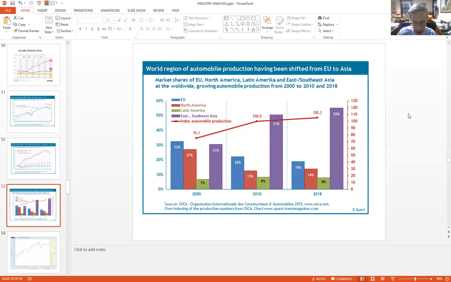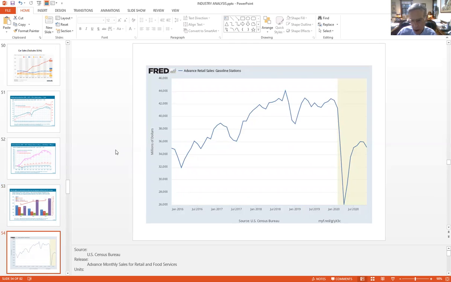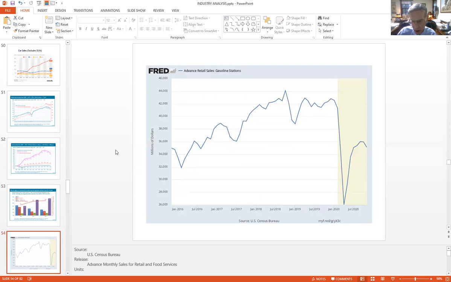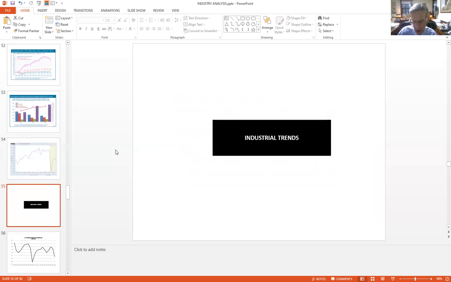On the other hand, if we look at the red bar, North America, we can see that things are not doing too well, nor are they doing very well in Europe, the blue bar. Latin America is almost inconsequential. So the auto industry is doing pretty well, but because of the COVID situation and people staying at home, working at home, the gasoline station sales aren't doing that well.